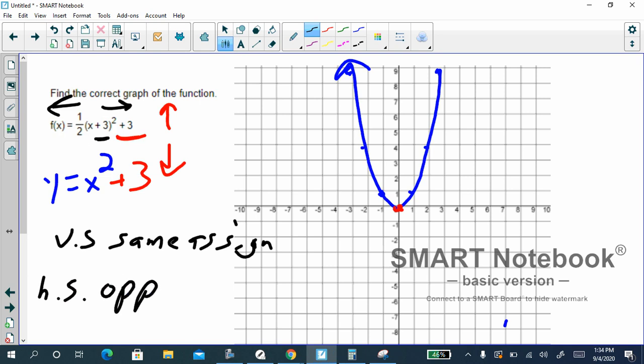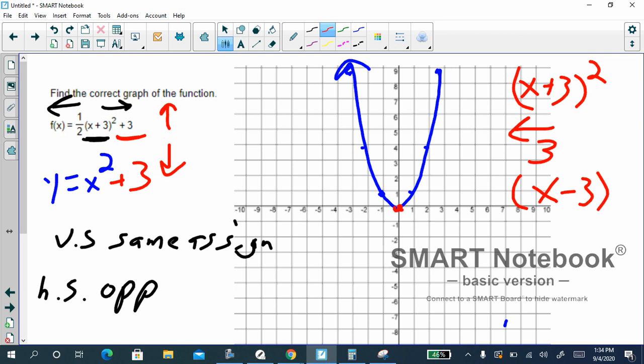So here we have a positive, we actually shift it to the left. If we had a negative, we would go to the right. So if it's x plus 3 squared, we go opposite of positive, so we go to the left 3. If it's x minus 3 squared, opposite of a negative would be to the right, so we go right 3. So those are our shifts.